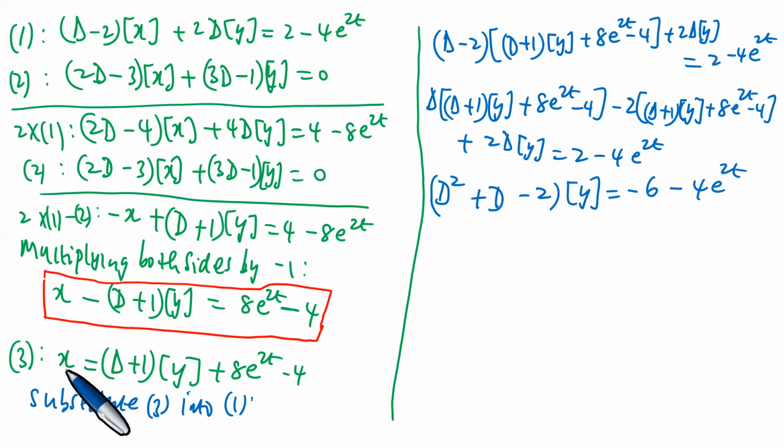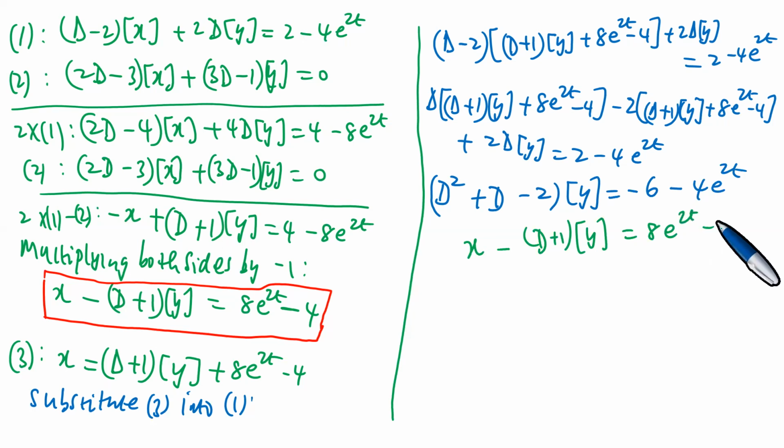Okay, we write this one here, the green one. I can write it in green again. We write it in the form x minus into D plus 1, and then it is operating on y, and then we have 8e to the 2t minus 4.